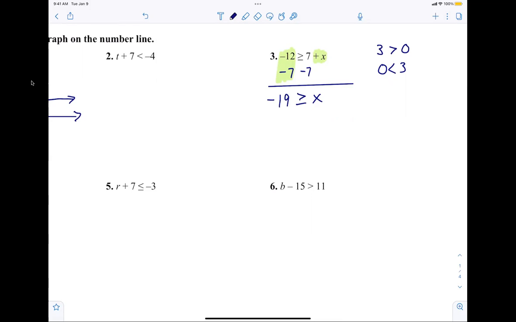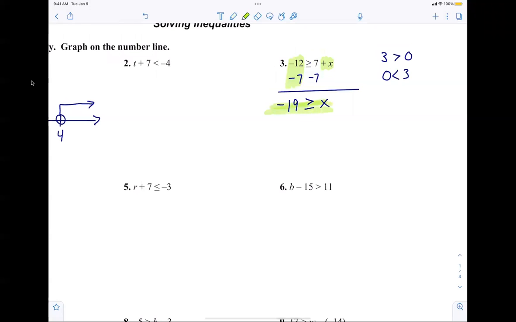Please look up and make sure you just saw what I did. I want the variable first. So if I put the variable first, Lila, how am I going to rewrite this? x is less than or equal to -19. You are amazing. Thank you for listening. That is exactly correct. When you switch the order, you have to switch the inequality.